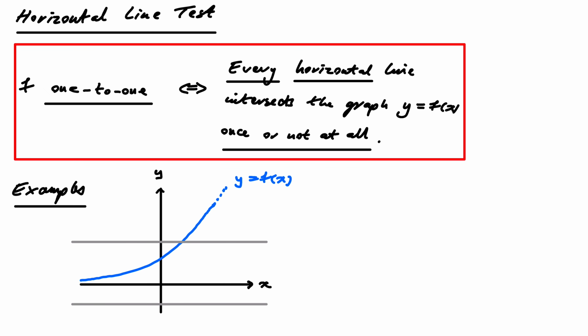So there's nothing wrong with this. So this is one intersection. And this is zero intersections. Nothing wrong with this.